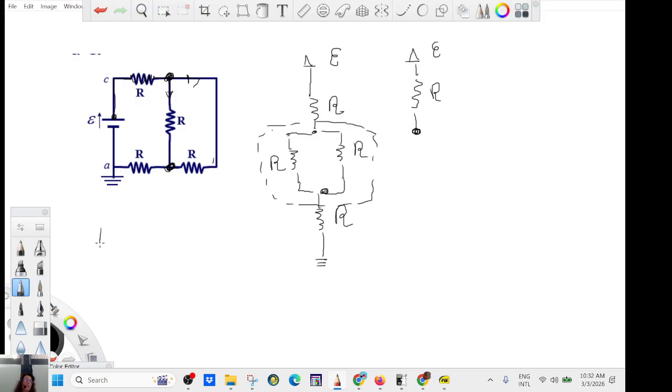Yeah, so if you want to do 1/R plus 1/R equals 1 over equivalent, so it's going to be... which is what?